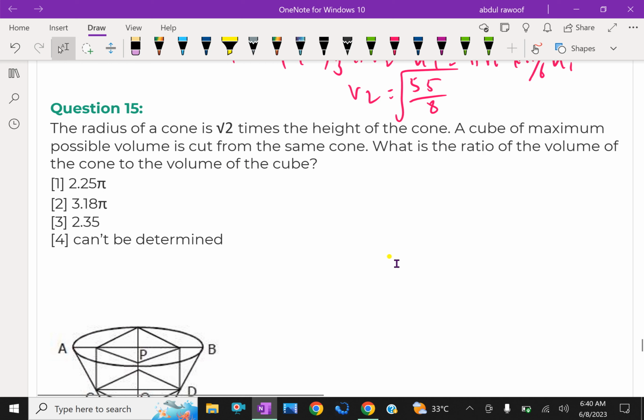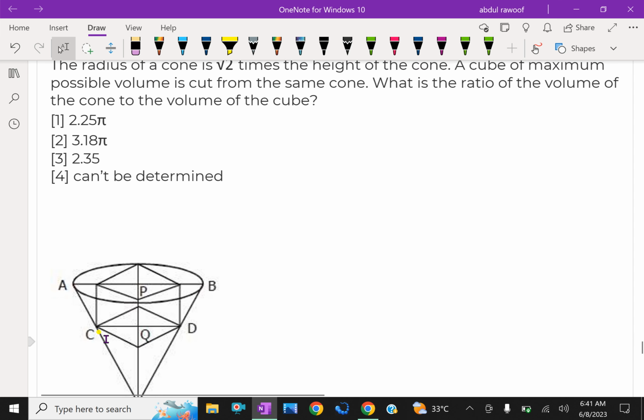So, let each side of the cube be a. Here CD is the diagonal of the base face of the cube.